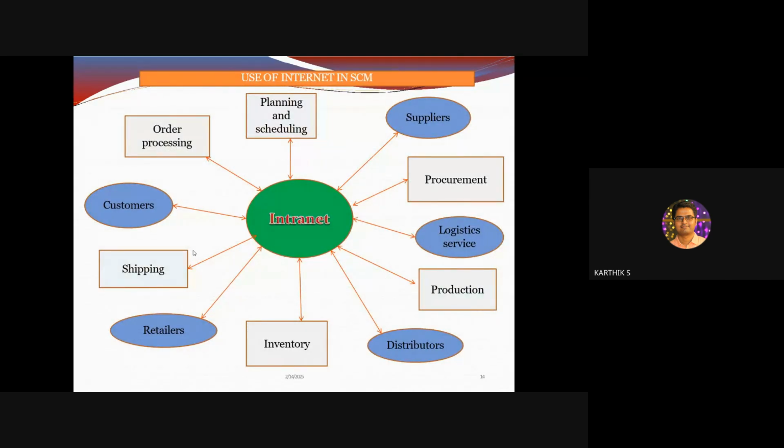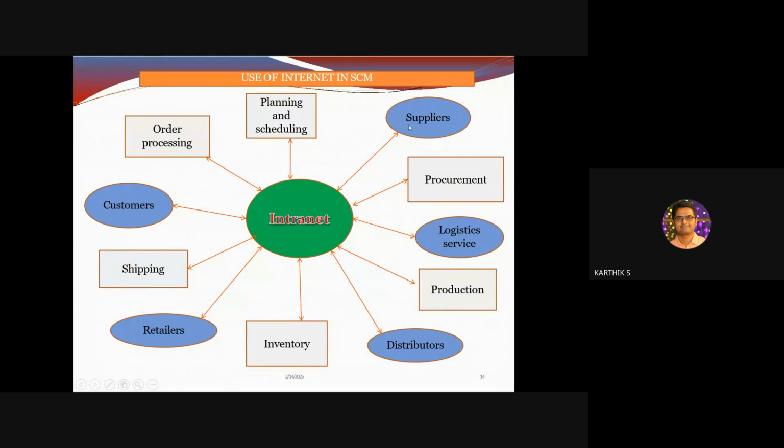So nowadays we have started using the internet, but during the intranet and web page days, these are the phases that were incorporated into those websites. From the starting, if you look at the planning and scheduling, that will also be available in the website.